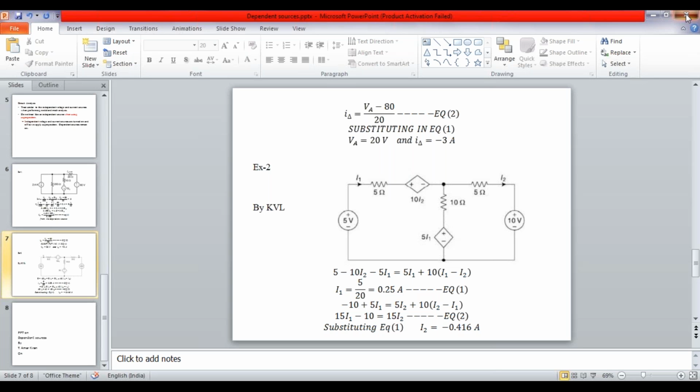For the ideal case, current should be leaving from the positive terminal, but it is entering the positive terminal, so it is minus 10 volts plus 5I1, equal to the passive elements 5 into I2 plus 10 into, since there are two currents flowing in this 10 ohms, (I2 minus I1).